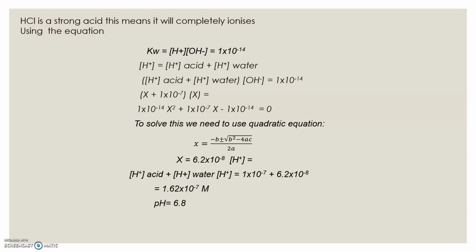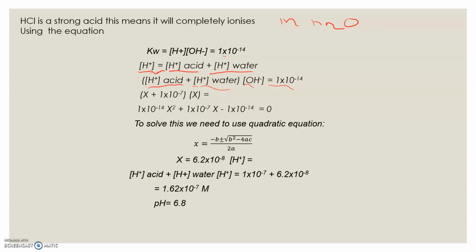Now let's apply that. Kw equals H times OH, correct? Because the acid is added in water, we have hydrogen from two sources, the acid and water. So the hydrogen from acid plus water, times the OH, equals 1 times 10 to the power of minus 14.